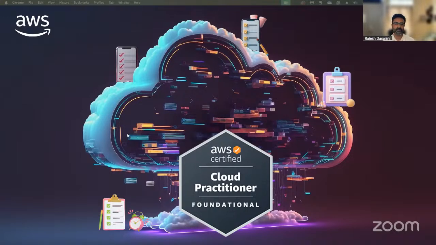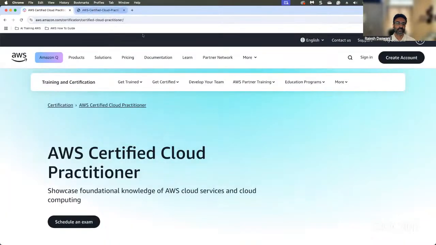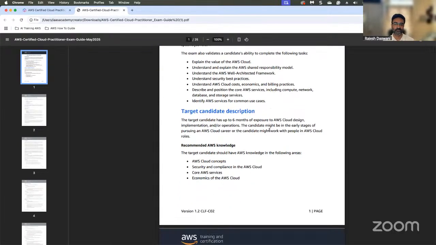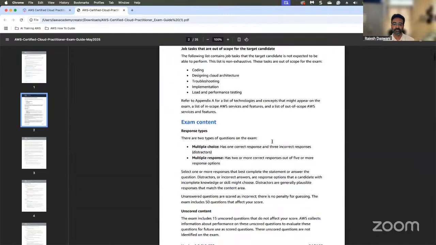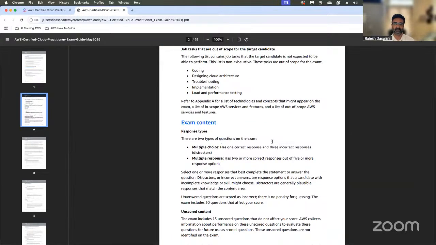We'll probably start off by taking a look at the exam details and the exam syllabus. If you take a look at the actual Cloud Practitioner exam guide, which is available from the AWS website, it is a 65-question exam based around multi-choice and multi-answer question formats.